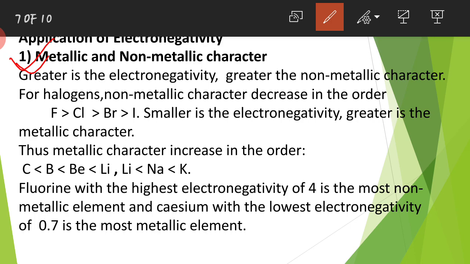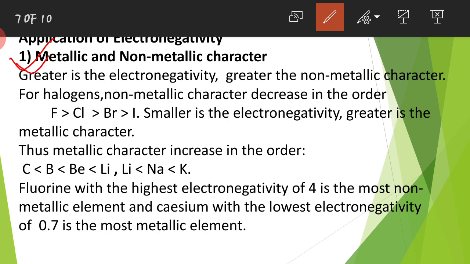For halogens, non-metallic character decreases in the order fluorine is greater than chlorine, chlorine is greater than bromine, and bromine is greater than iodine.